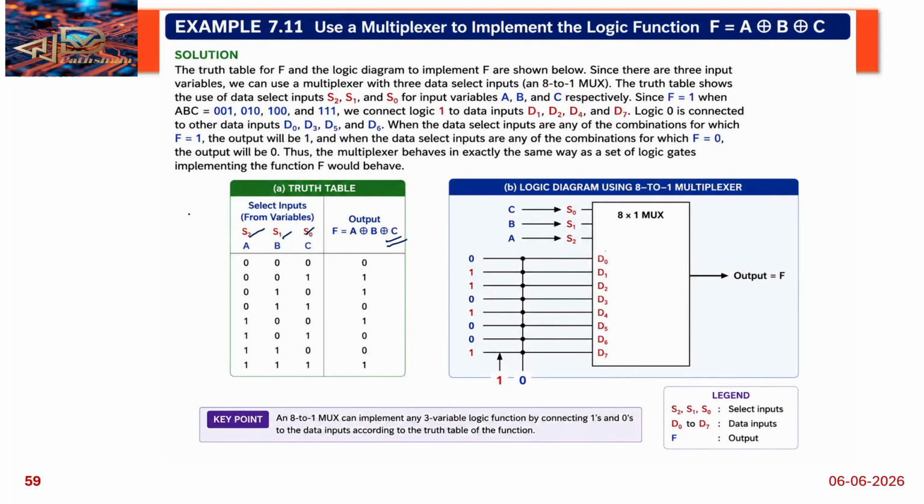Then 8 combinations I'm getting the outputs here. For 0 0 0 output is 0, 0 0 1 output is 1, because exclusive OR gate is considered there. For the full adder, A XOR B XOR C I am getting, that is the sum output.